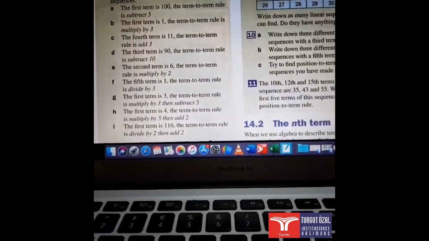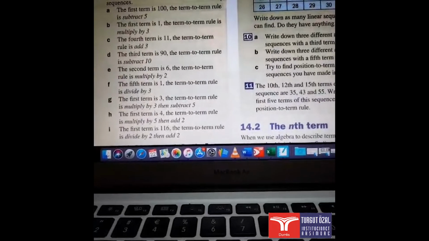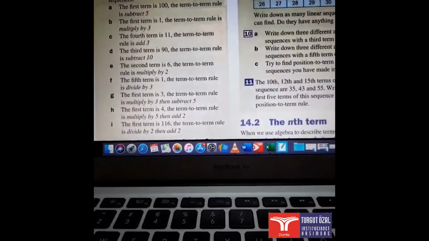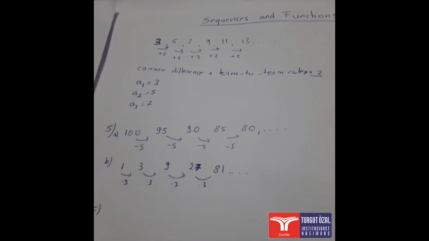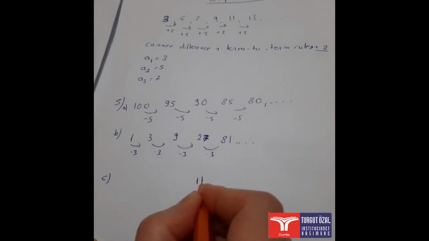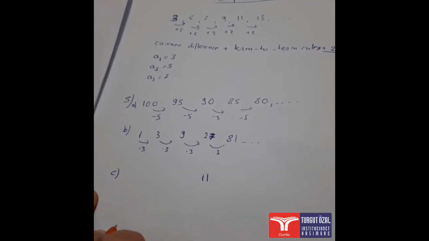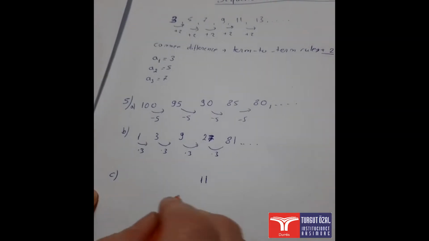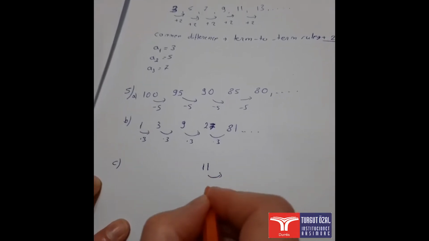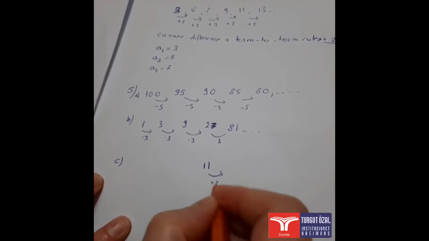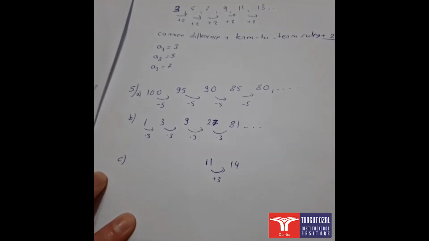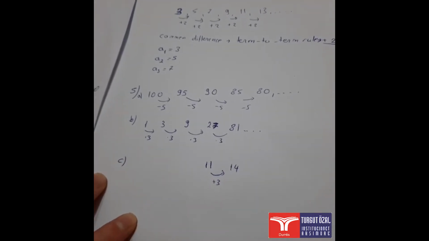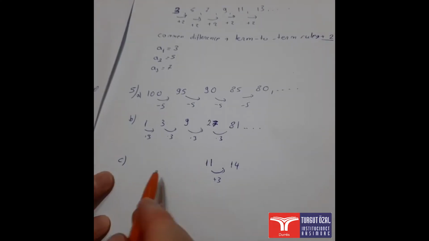The fourth term is 11, and the term-to-term rule is add 3. So in part C, it is given the fourth term, which is 11, and the term-to-term rule is add 3. So we can find the fifth term. It will be plus 3. It means 14, and to find the other ones we have to subtract 3 from 11.